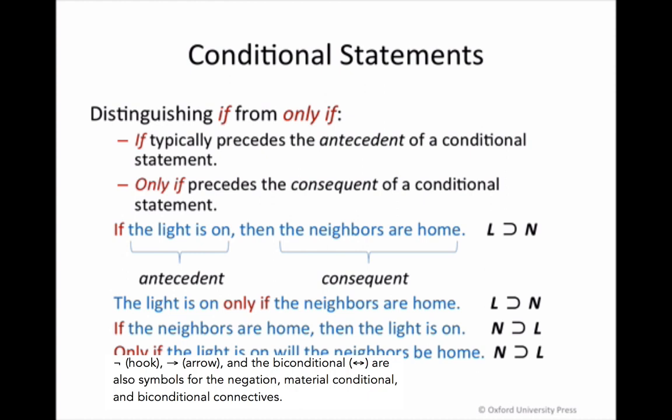There's going to be a little bit more to say about this in terms of understanding what this means, but for the moment, just make note of the fact that your standard if-then sentence is translated in the order that the if and the then appear, except when your if comes at the end of the sentence. Then you put whatever comes after the if on the left side of the horseshoe. But when you have a standard if this then that sentence, what comes after the if and what comes after the then are translated in the order that they appear. The one exception is the phrase only if.